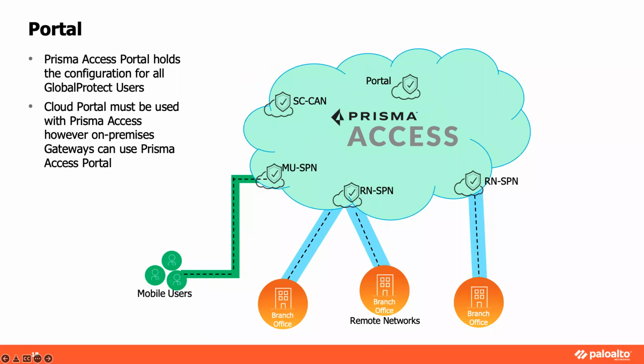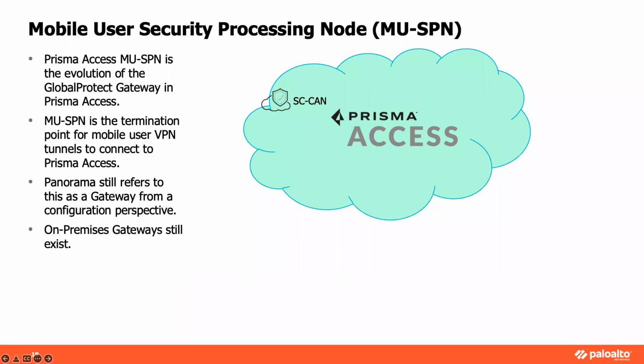As you go along and as you finish your journey and talk about Prisma Access, all these different solutions, but basically the idea of portals is that they are the traffic cops that direct your mobile users either to the internet or to a specific security processing node or to a remote office security processing node.